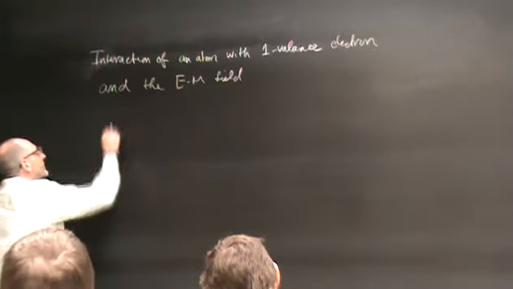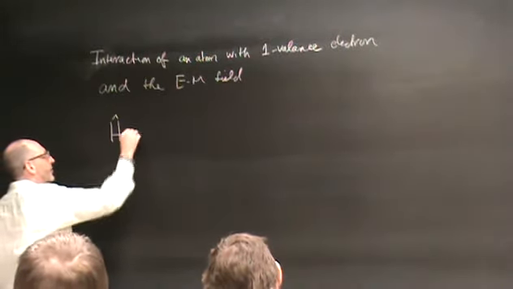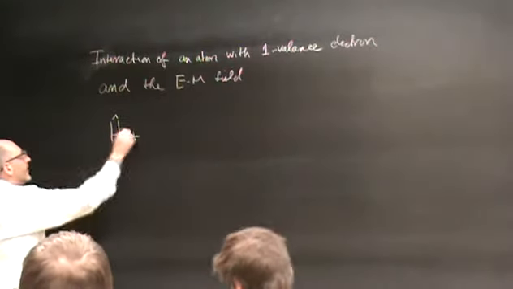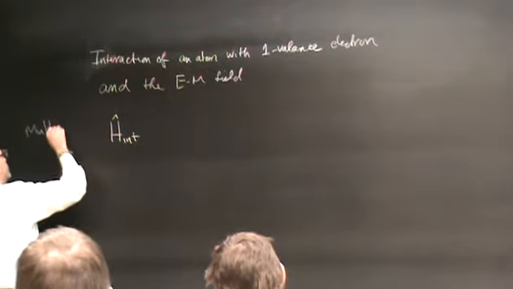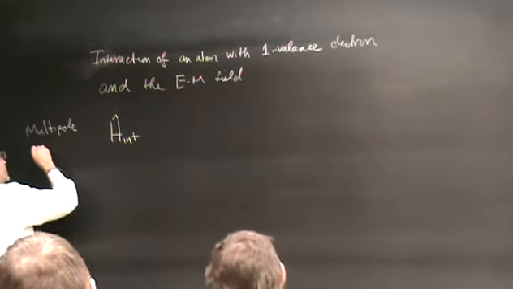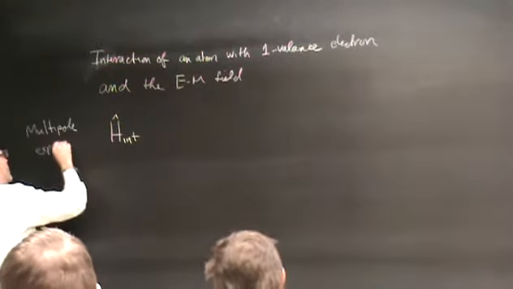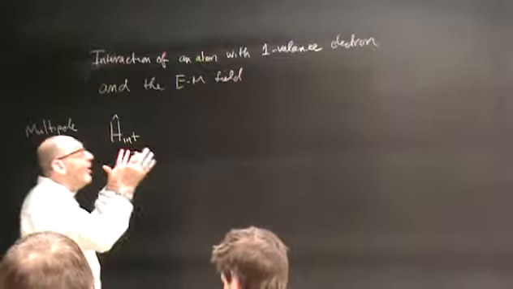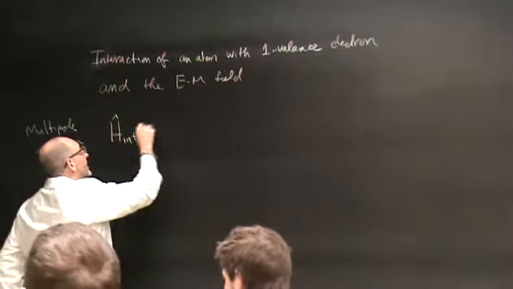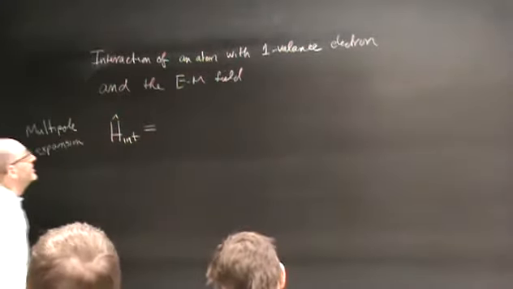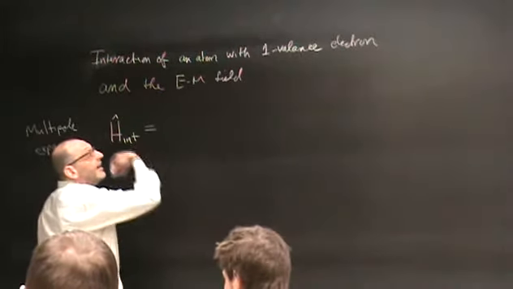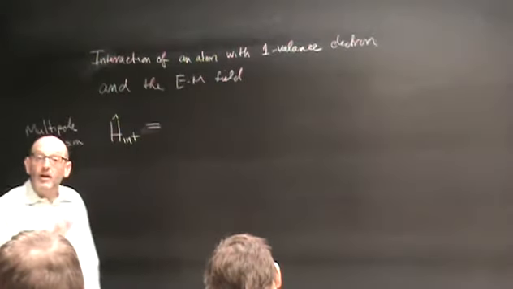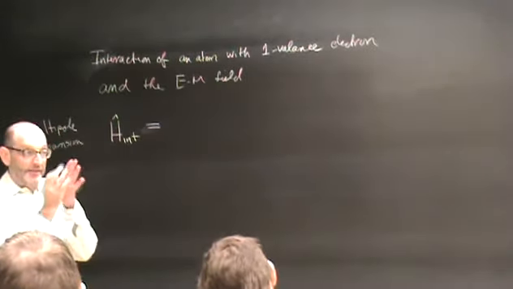Well, generally, we said that we can write the interaction Hamiltonian in the multipole expansion, when the size of the atom is small compared to the scale over which the field is changing, as in an electromagnetic wave whose wavelength is long compared to the size of the atom.